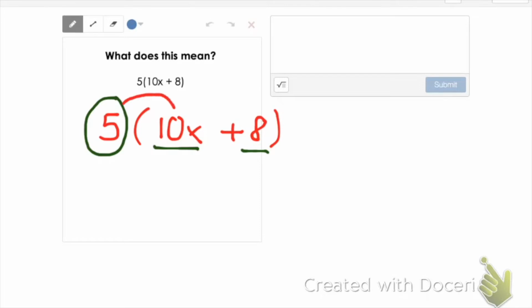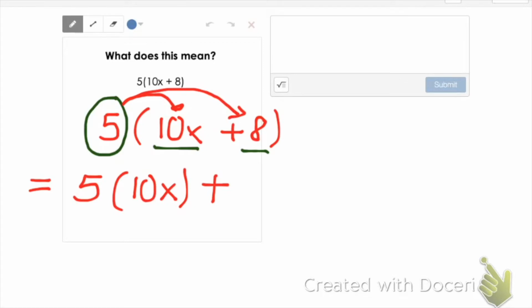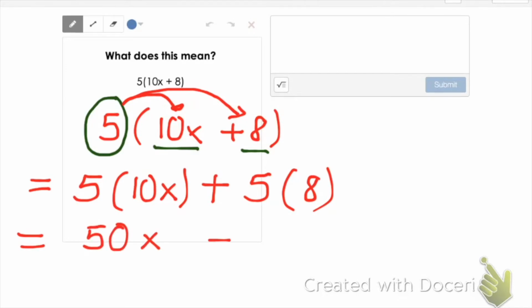I will take 5 multiplied by the first term, 10x. So I will have 5 times 10x. Then I will bring down the sign, which is addition. And then I will take 5 multiplied by the next term, which is 8. So 5 times 10x is 50x. 5 times 8 is 40. So we get the same answer.